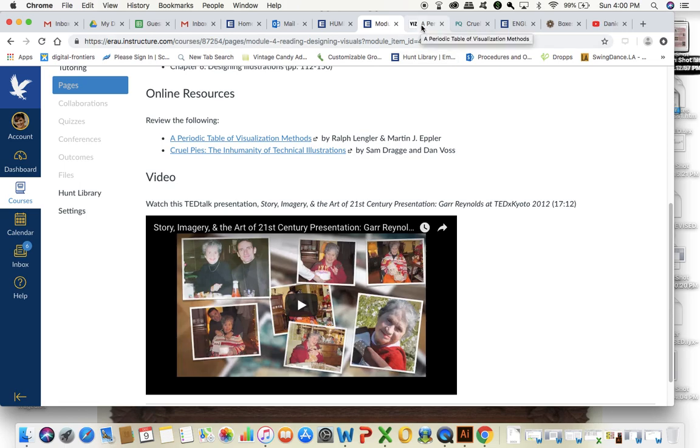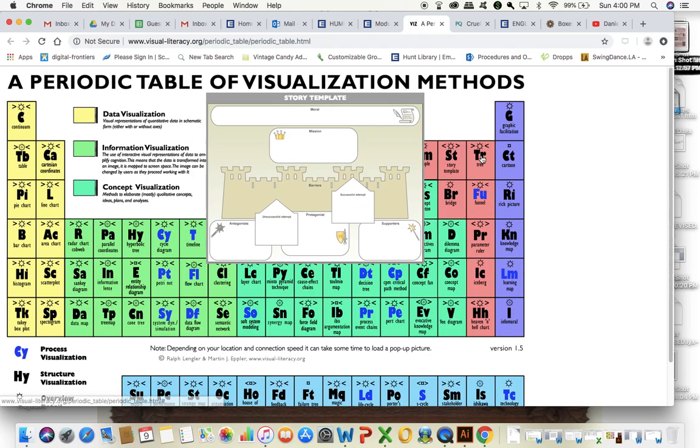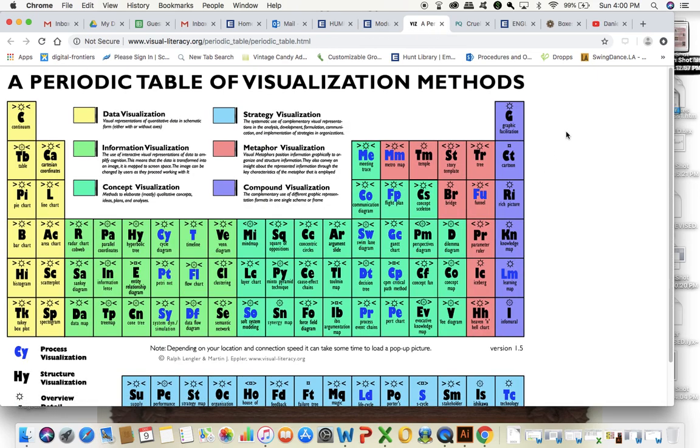I just call visualization viz, so it's just in the industry it's easier. This is the periodic table of viz methods, which is a really nice thing to do, because it's all organized by color in terms of what exactly you want the visualization to do.